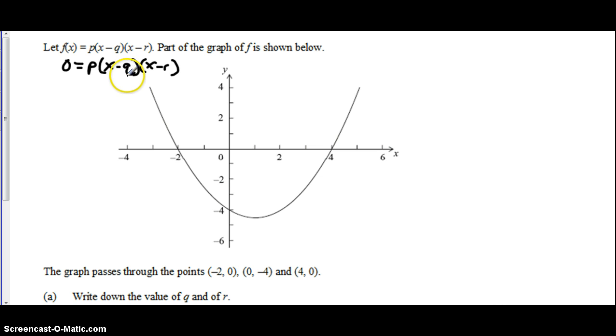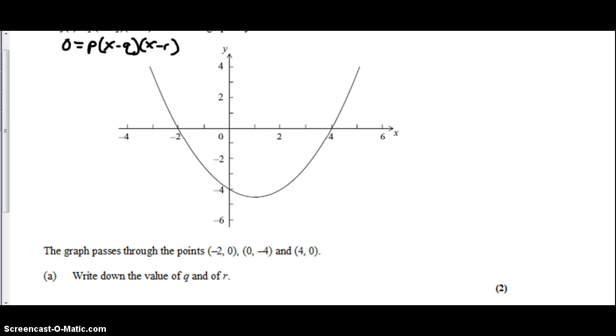So in this case, if we set our factor x minus q equal to 0, we can solve for q to see our solution, and x minus r equal to 0, we can solve for r to get our root. They already gave it to us, so it's just a matter of understanding what is given and realizing what they're asking for. So they just want to know our q and our r. In this case, they are our roots. We don't have to solve. They already gave it to us.